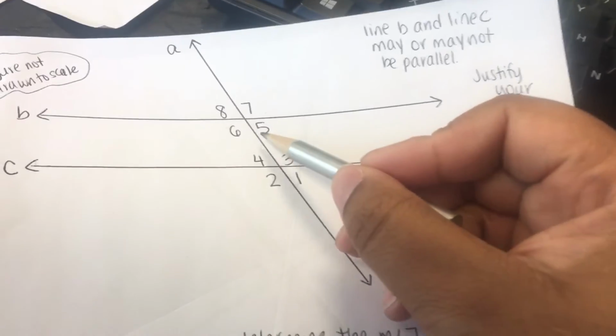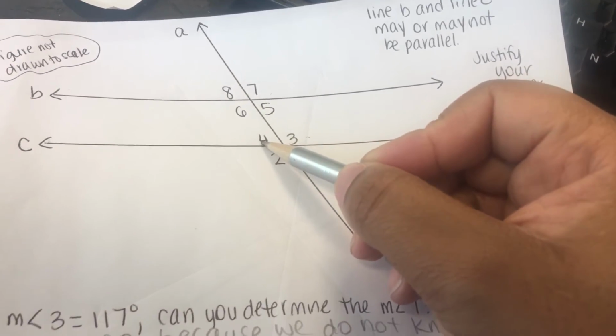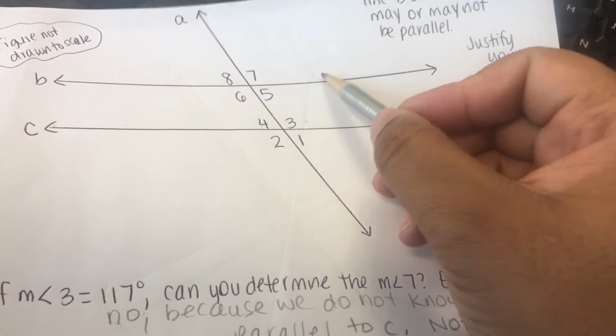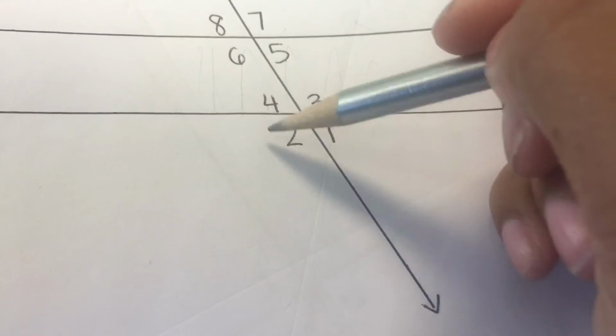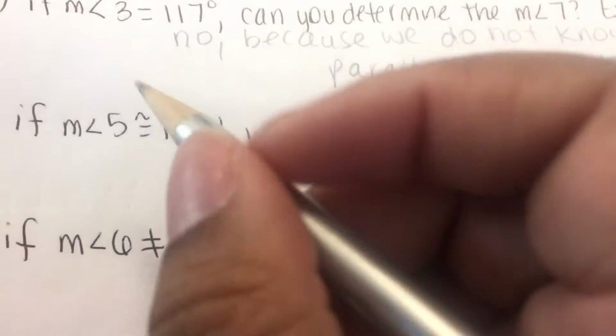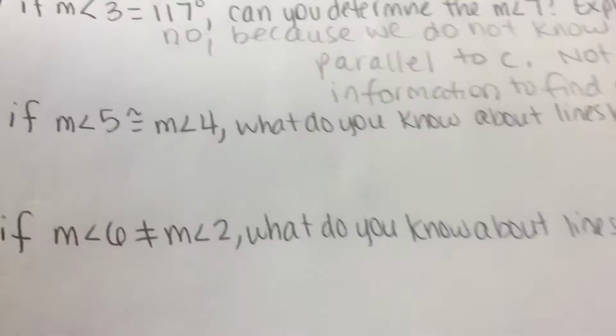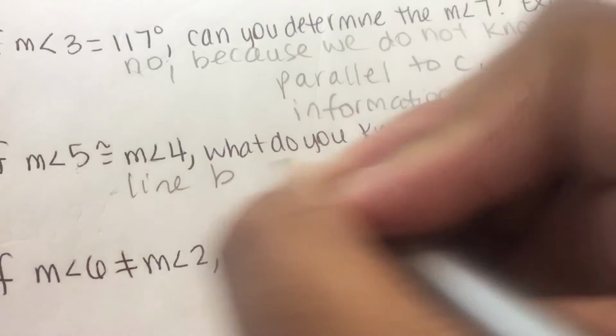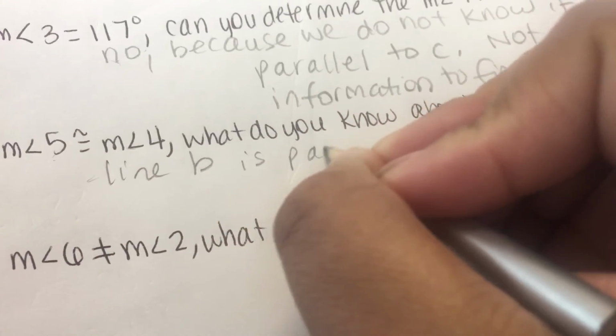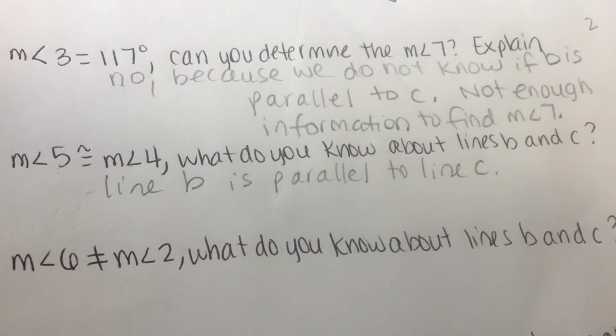If 5 is congruent to 4, what does that tell us about these two lines? Well, 5 and 4 are both on the inside, on opposite sides, so they should be alternate interior angles. Alternate interior angles should be equal, so since it satisfies all the rules, you would say line B is parallel to line C. That's 1 point.